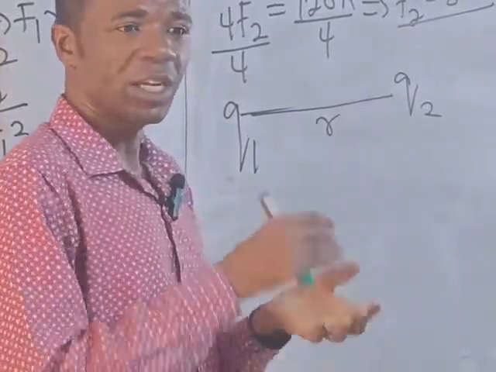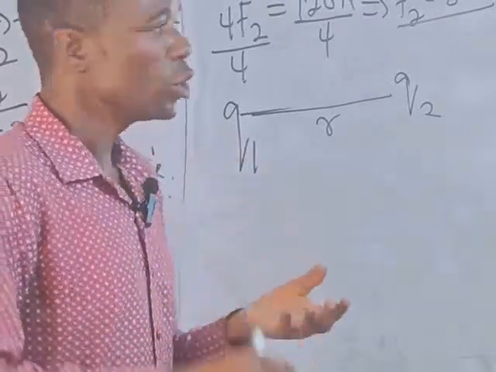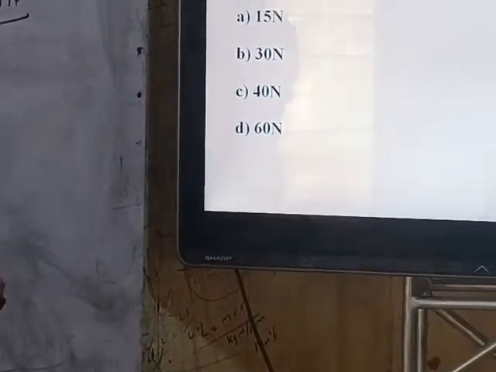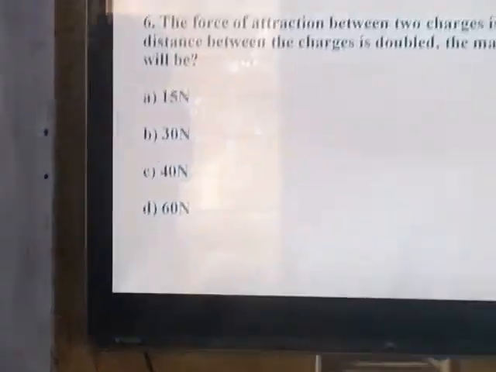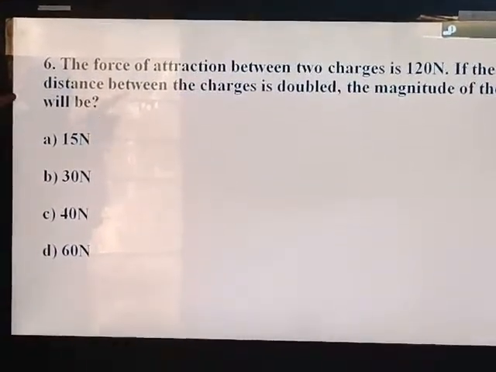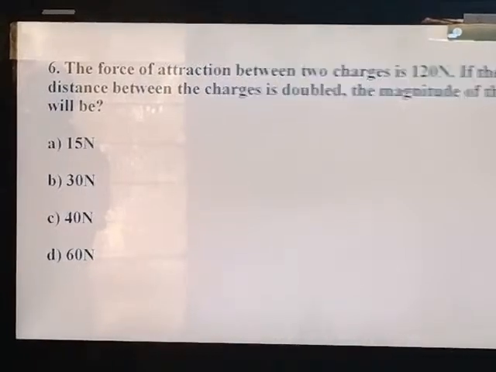What's a quarter? Divided by 4. So the original force between them is 120, but the final force now is 30. It has been reduced by 4, because a quarter of 120 is 30.